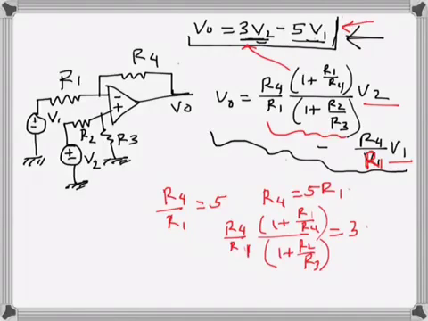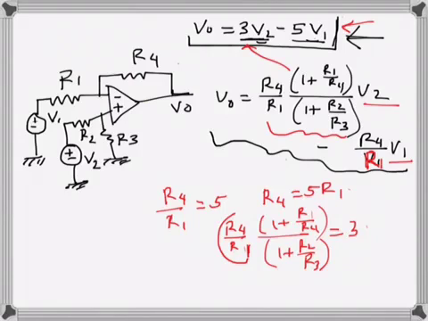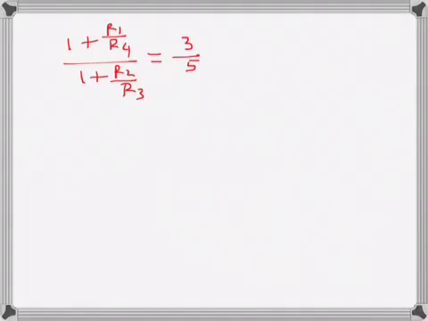Now this part is essentially 5, so we can remove it, and 1 plus R1 over R4, times 1 plus R2 over R3, is equal to 3 over 5, because this one is 5 and the whole thing has to be 3.